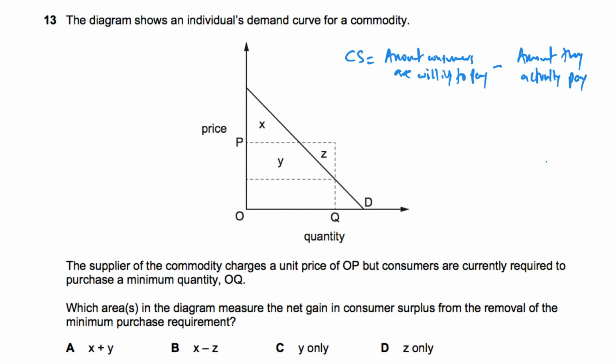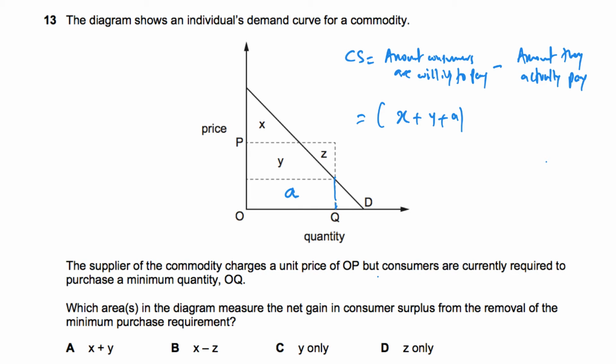So in this question, when you are buying Q, if I label this A, then what consumers are willing to pay would be all the area under the demand curve for this quantity Q, which would mean the consumers are willing to pay X plus Y plus A, because the area under the demand curve for a particular quantity is what we call our willingness to pay.